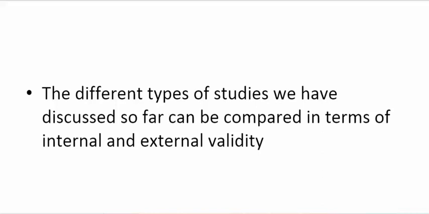For example, a study could be low in internal validity and high in external validity, or a study could be low on both. And I wanted to share a quick analogy that I think might help you understand how the overall quality of a study has two dimensions to it. If you think about it, the quality of a restaurant has two dimensions to it. Those two dimensions are service and food.